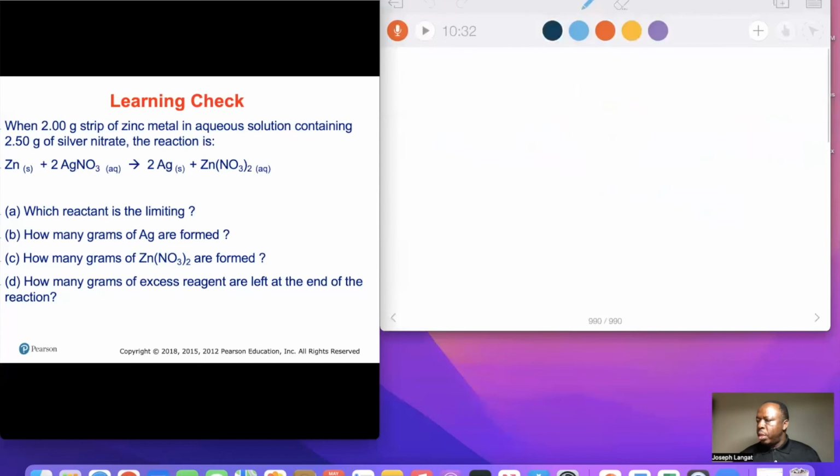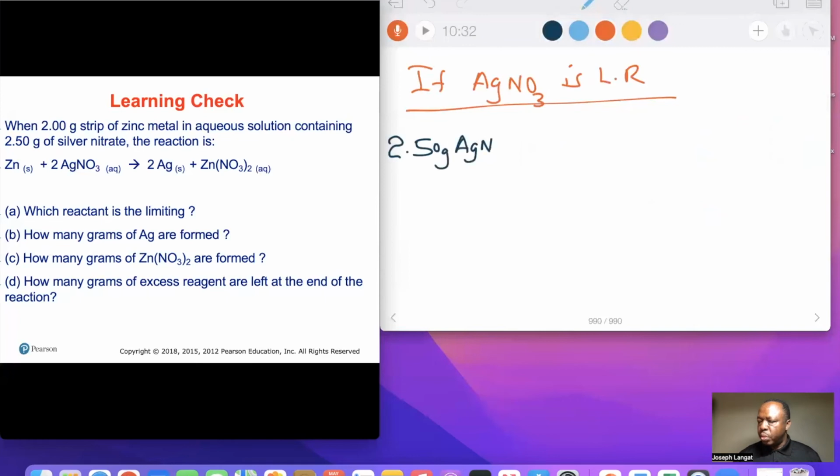And then we say if the second reagent, silver nitrate, is the limiting reagent, we assume all the 2.50 grams of silver nitrate is consumed, using its molar mass as a conversion factor.